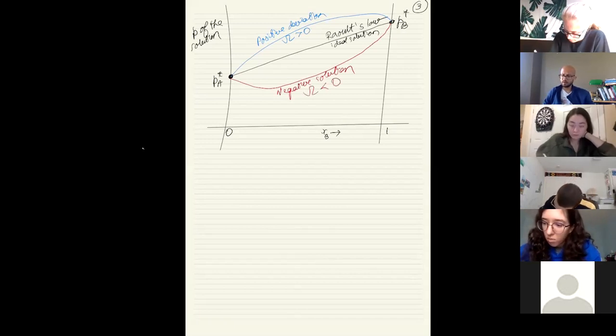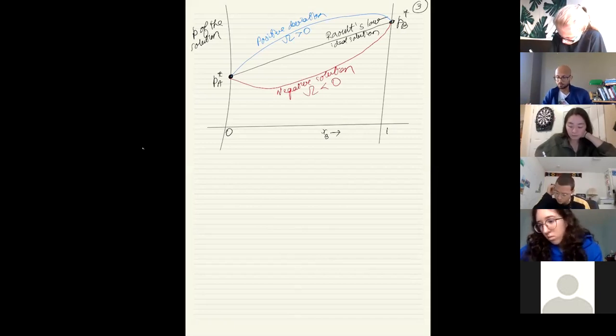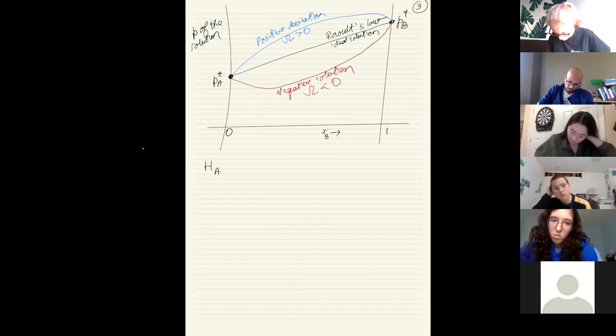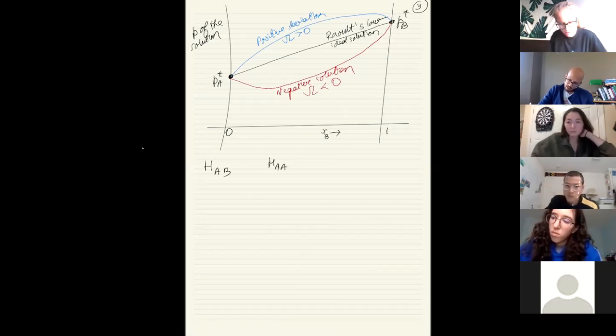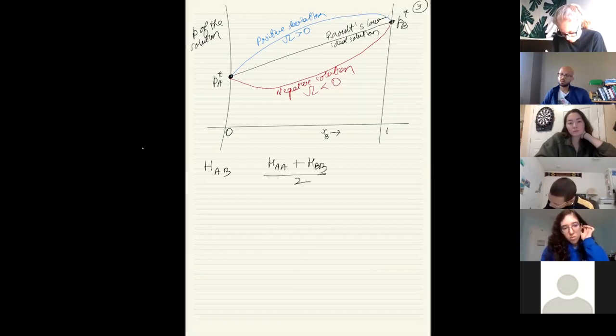We haven't really talked about omega yet, but even without doing it, you can get a sense of why omega is what it is. I would like you to think about the enthalpy of AB relative to the enthalpy of AA plus BB on an average.